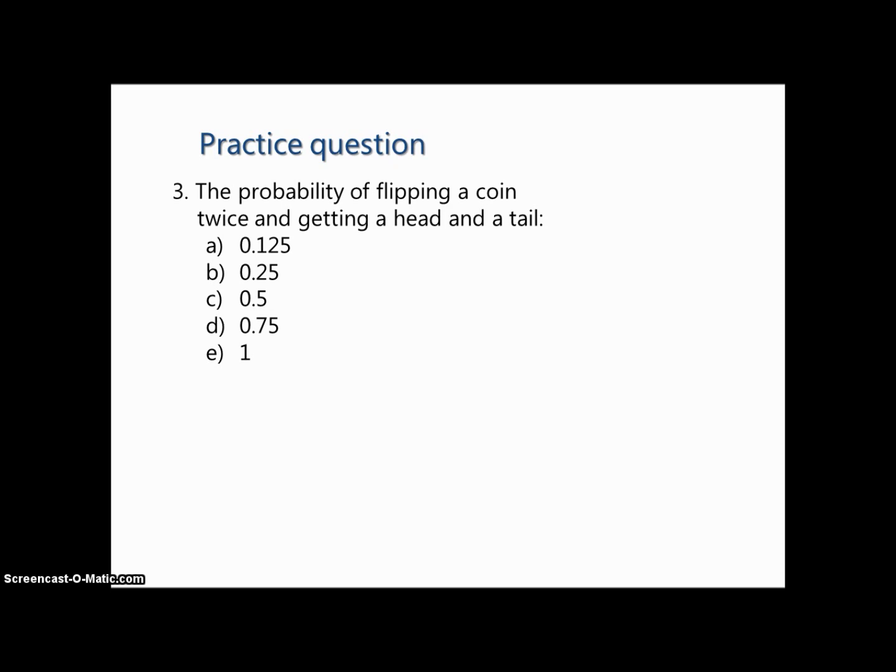But there are 2 ways of flipping a coin twice and getting a head and a tail. You can get a head and then a tail, or you can get a tail and then a head.